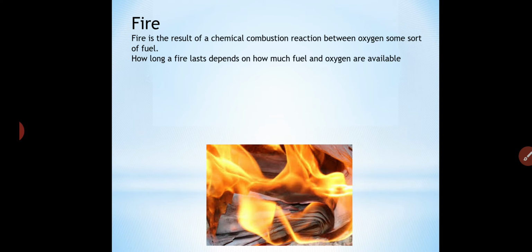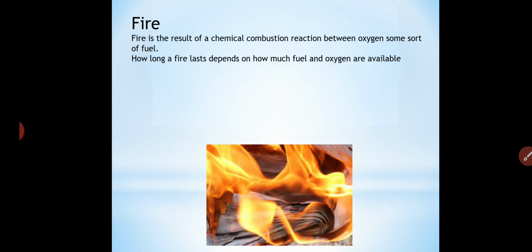Now what is fire? Fire is the result of a chemical combustion reaction between oxygen and some sort of fuel. How long a fire lasts depends on how much fuel and oxygen are available.